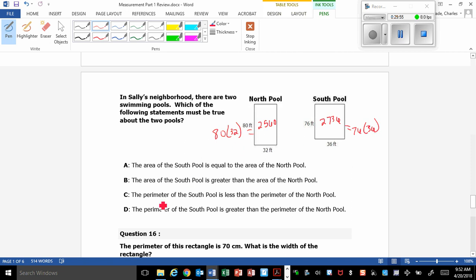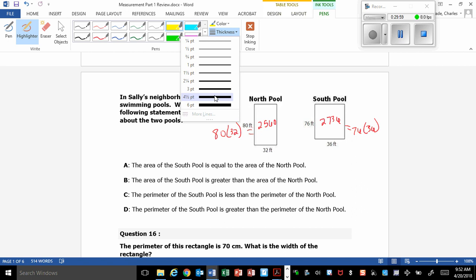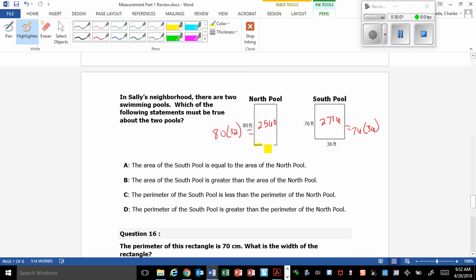And then we're also, because it asks about perimeter as well, so let's remember perimeter. So it's going to be 32 plus 80 plus 32 plus 80. So let's go 80 times 2 equals... Sorry about that, that's for area.